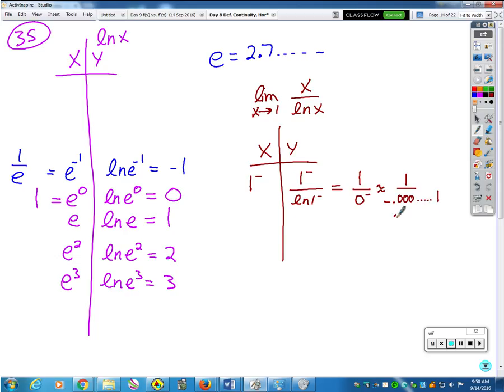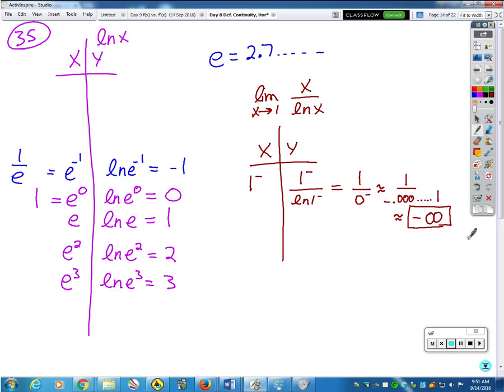Okay, now you have to remember what division means. Division means how many of these will fit into this infinite number. And then the last thing you think of, Soren, is positive divided by negative is negative. So far we know the limit from the left is negative infinity.